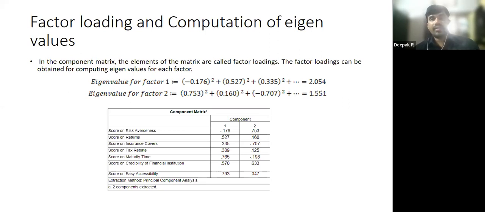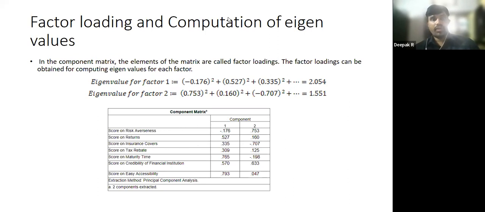So if this is the case, we have got this component matrix. If you find the square of each and every value here with respect to the first factor, that is nothing but the eigenvalue for the first one. So how did we get this 2.054?